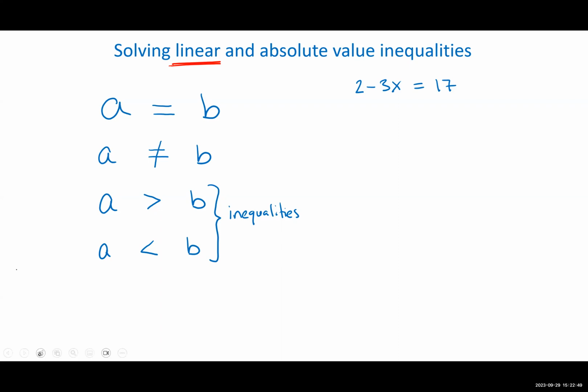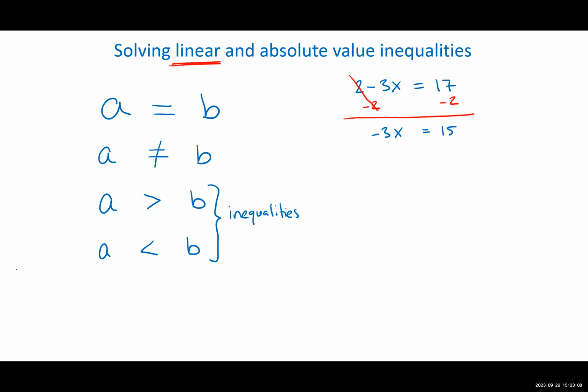So if we were to solve this for x, we could subtract 2 from both sides. That would eliminate this positive 2, leaving a negative 3x on the left and a 15 on the right.